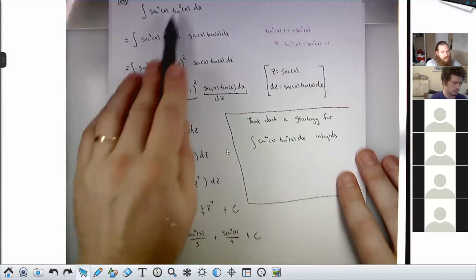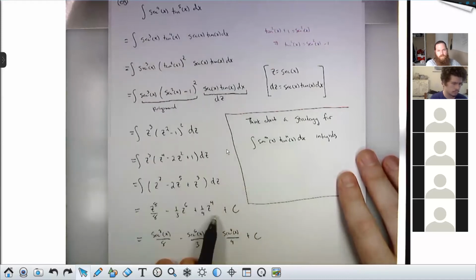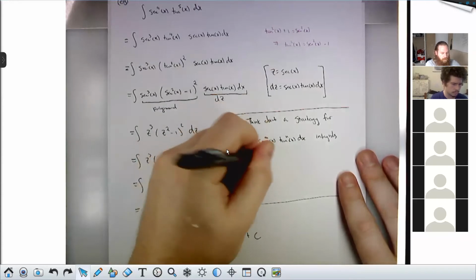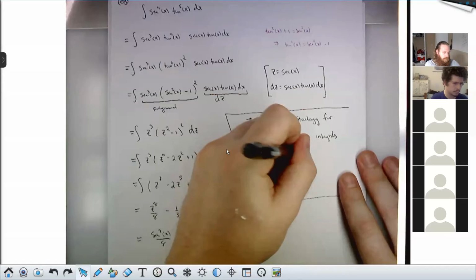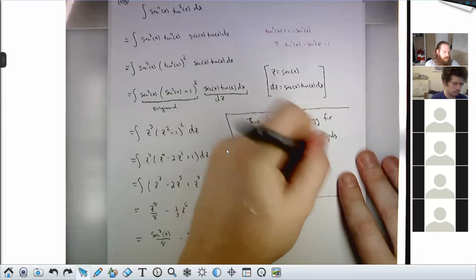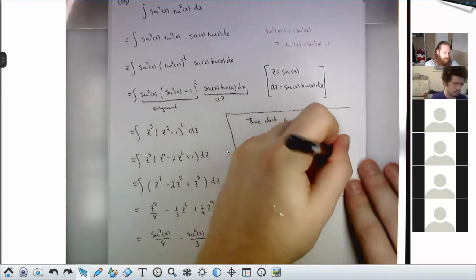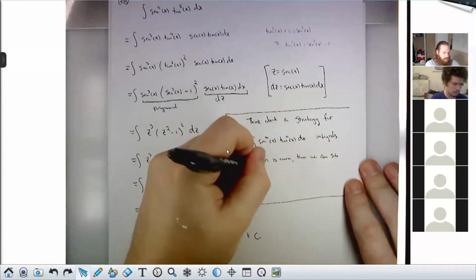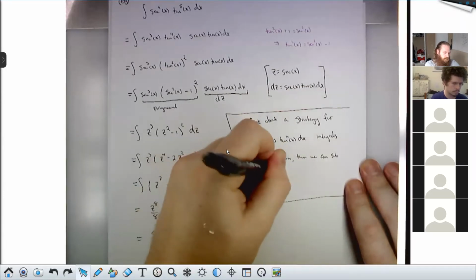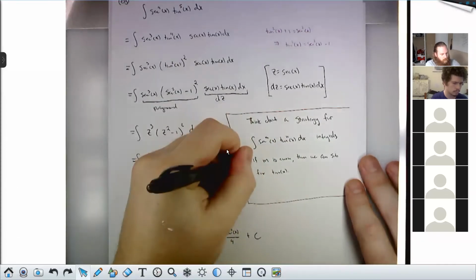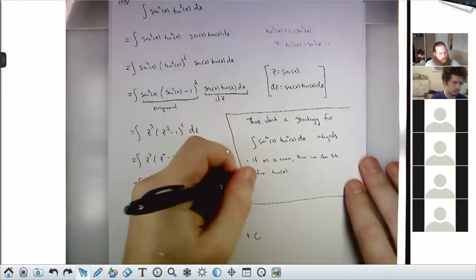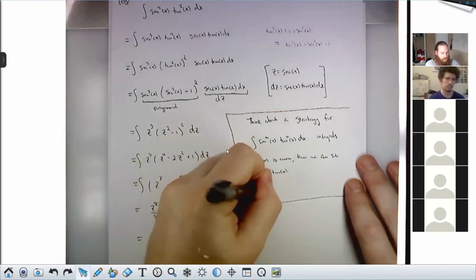I'd like you to try and identify what allowed this to work, right? So he said if m is even, then we can sub for tangent. What is the condition under which we can sub for secant?